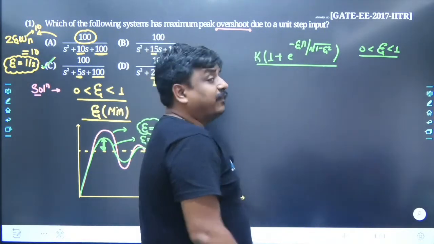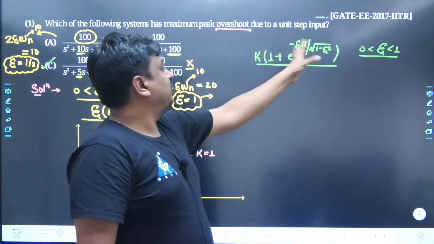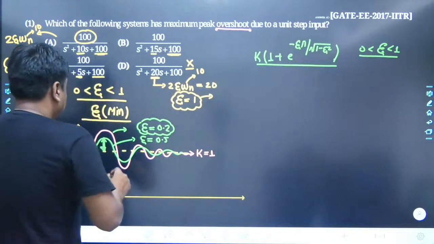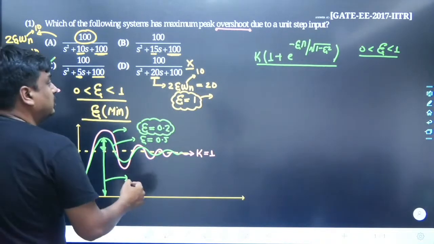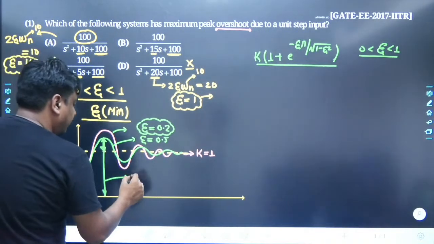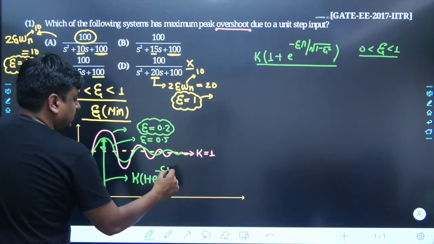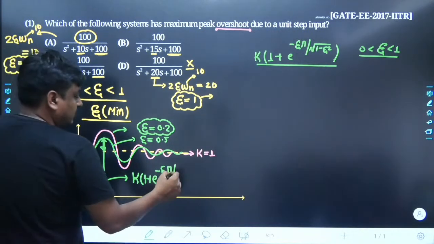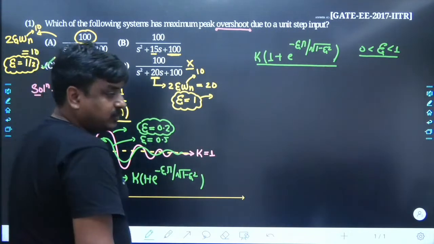Obviously, it would not be a valid overshoot. So this particular value is valid only for this. So if you talk about the peak value, the peak magnitude, it would be k times 1 plus e to the power of minus pi zeta over root of 1 minus zeta square.